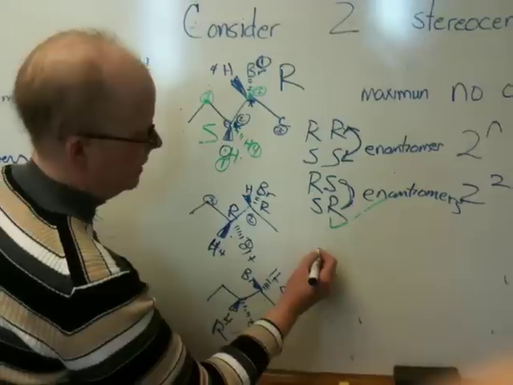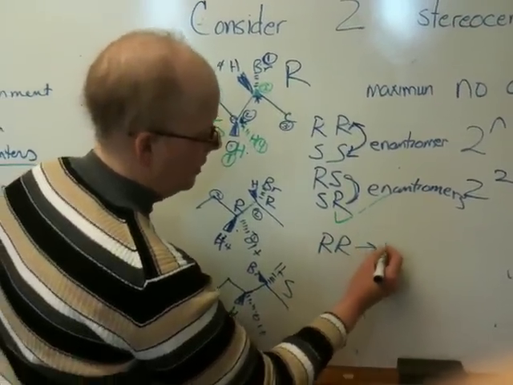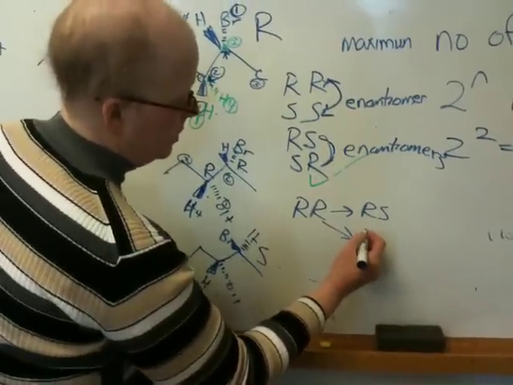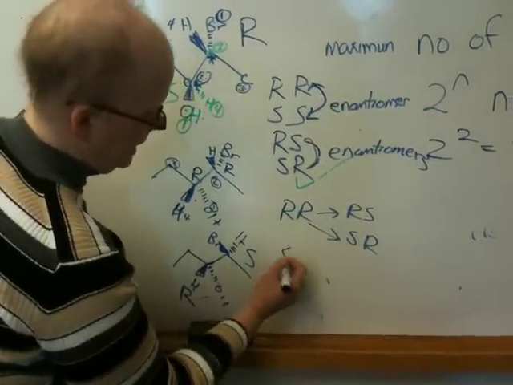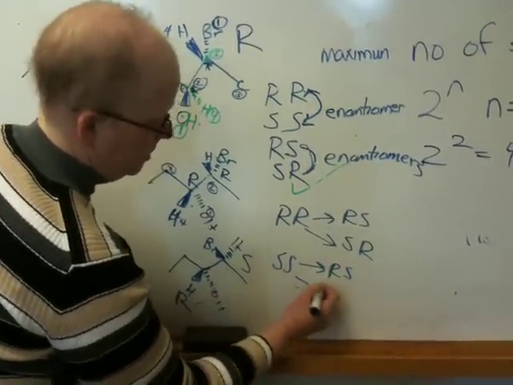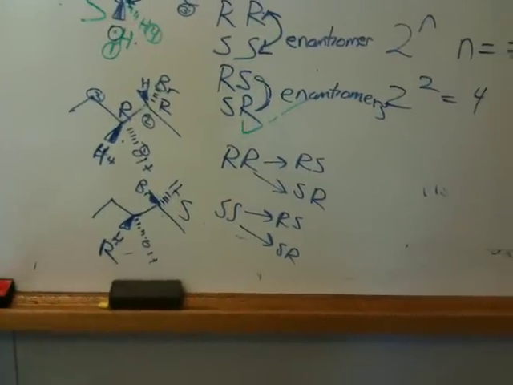Okay, what else can we say? We can say RR with RS, or these are relationship terms, SR, and SS with RR, RS, or SR. What is their relationship? We have a new relationship.